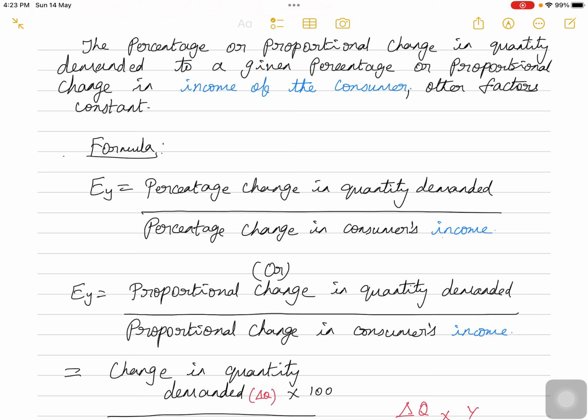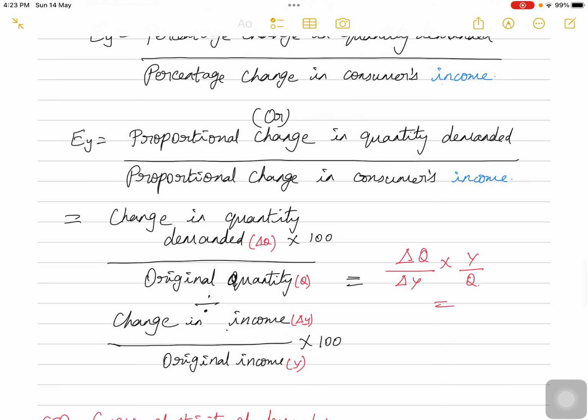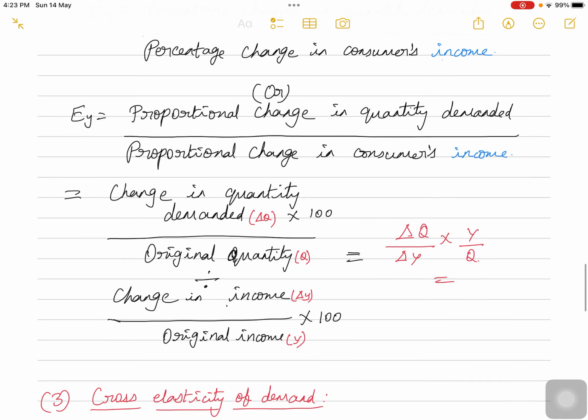So EY is equal to percentage change in quantity demanded. Always the quantity demanded will be in the numerator, divided by, because the quantity demanded is changing because of the change in income, percentage change in consumers' income. Okay, or proportional method, EY is equal to proportional change in quantity demanded divided by proportional change in consumers' income. So how do you rewrite this?